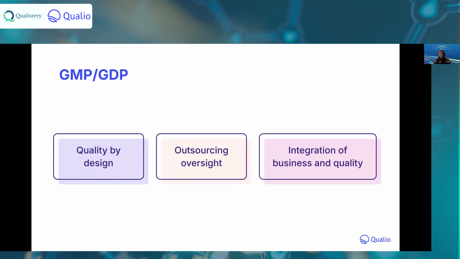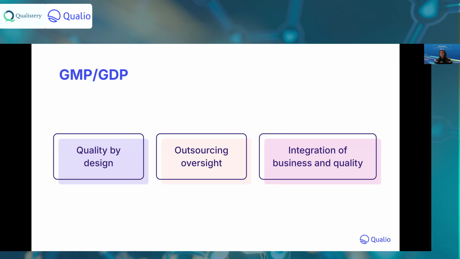And GDP is really your supply chain oversight, making sure that both of those operate together and aren't developed in isolation from one another, so that your manufacturing, storage, and distribution are all in one connected framework that speak to each other and inform each other. These 2 elements shift you from reactive to proactive, and risks can be identified early if quality has been built in from the beginning.